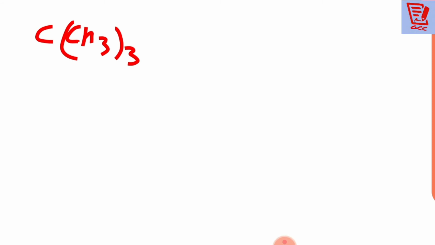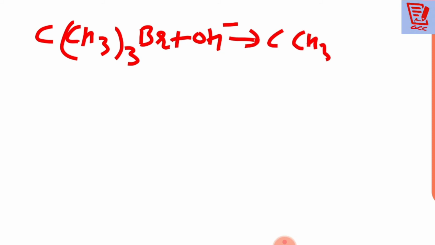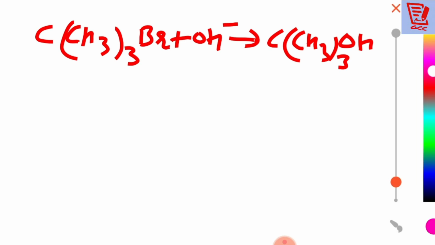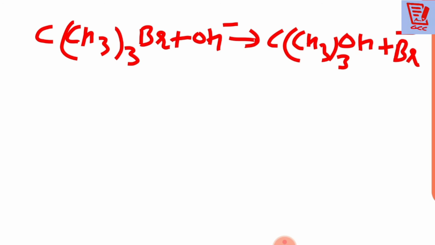Look here, listen. In the reaction we have written (CH3)3C-Br plus OH negative gives (CH3)3C-OH plus Br negative. Now in chemical kinetics we have done how to determine the rate of reaction. Rate of reaction is directly proportional to the concentration of reactant.